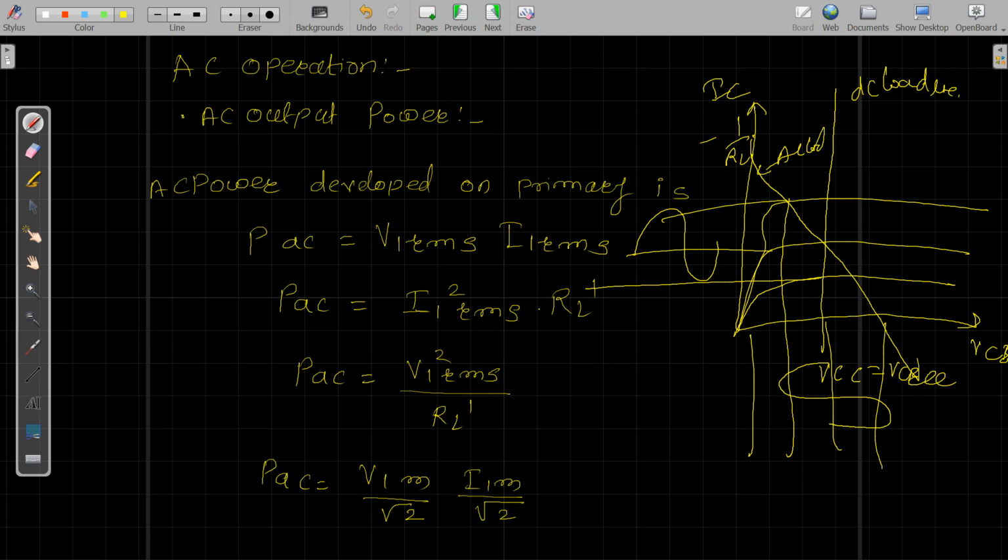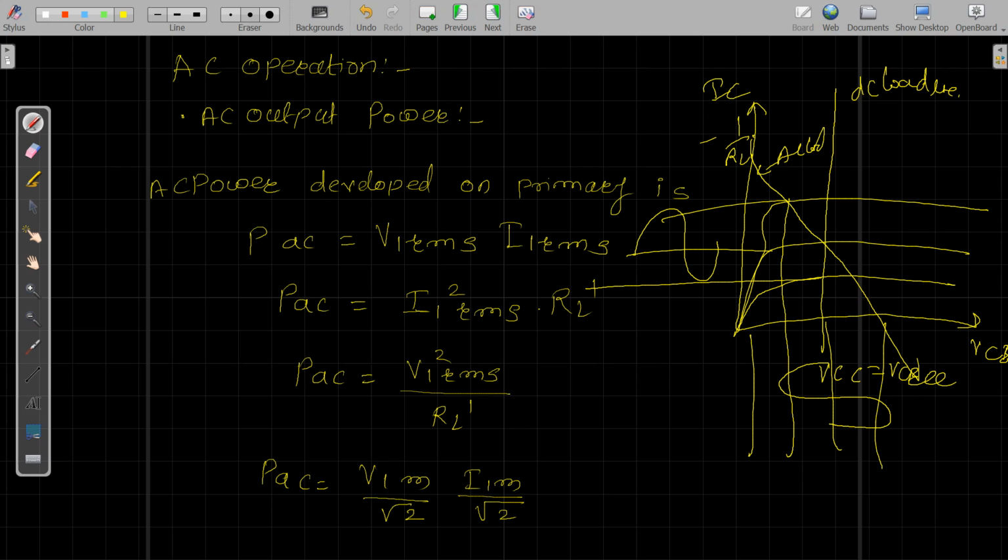Obviously, the AC power developed on the primary and the power developed on the secondary need to be calculated. So let us say now the AC power delivered on the primary, how much is it? The primary values of your voltage and current, and the reflected load is RL dash.